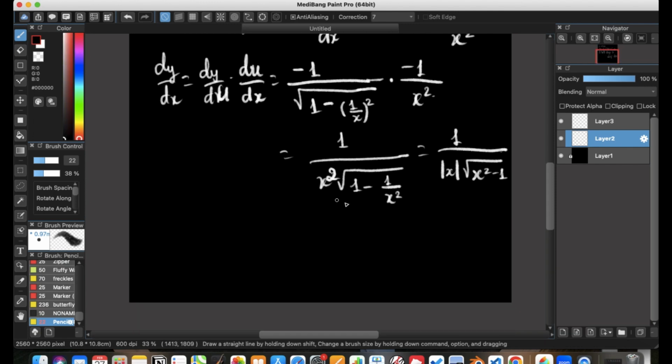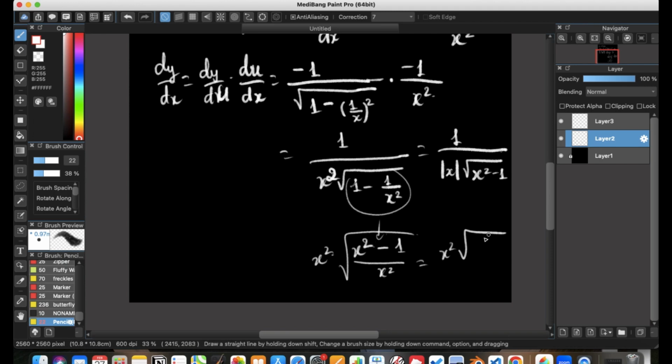And now, if you want to understand this part, let me rewrite it for you. Okay, so we can rewrite this part here. I'm going to take a square root of this, right? And so it can be written like this.